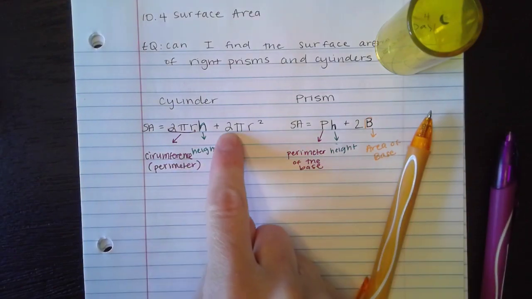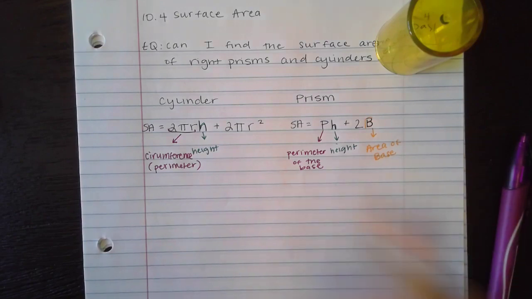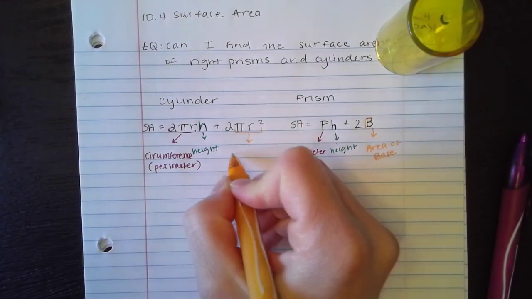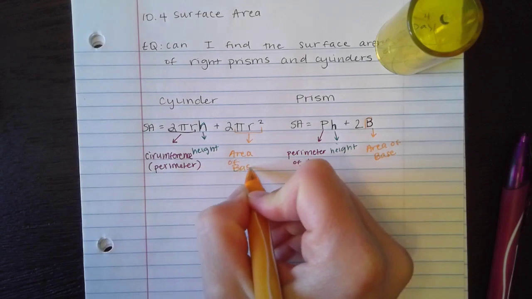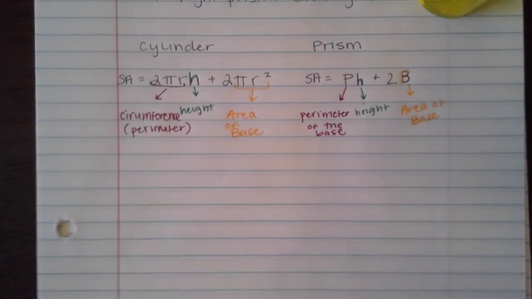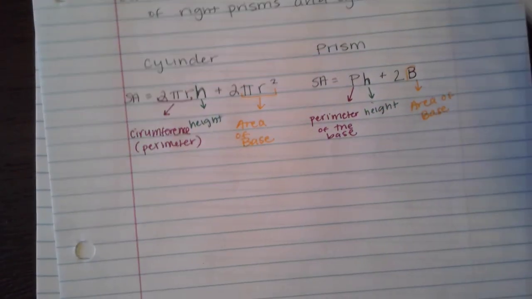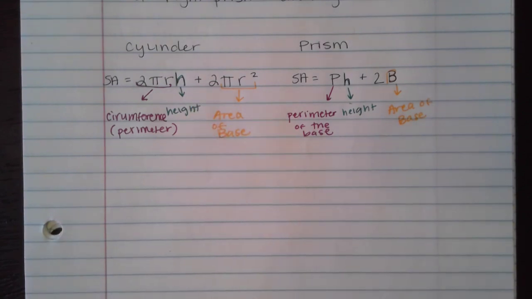And then we have 2 pi r squared, or 2 times the area of a base. Well, guess what pi r squared is? It's the area of the base. So it could be argued that you wouldn't even need the formula for a cylinder, because the formula for a cylinder and a prism are exactly the same, but the cylinder one has been modified for a base of a circle. You don't have to have them memorized.